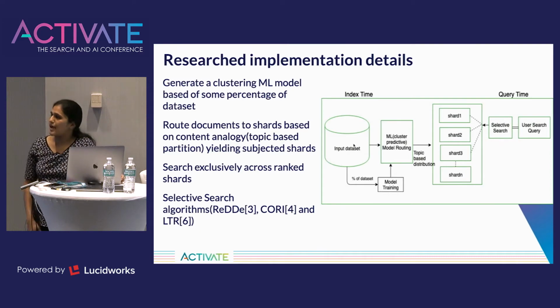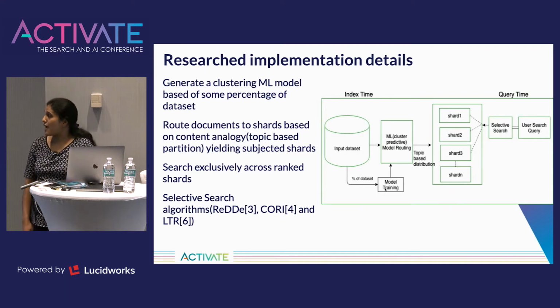If you already have a data set that has category tagging on it, then we could get, let's say, a percentage of the data set from each category, and then build a model based on those categorical documents. That way we have a trained model which can tell future incoming documents which belong to a certain shard. So that's the idea.